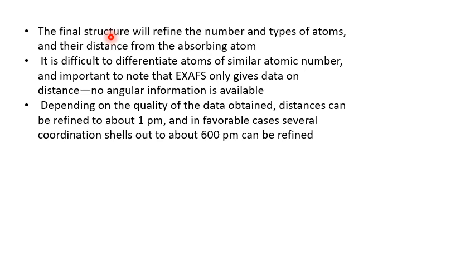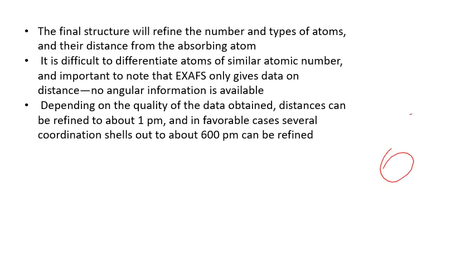On whichever trial model it is fitted, it means the structure of the substance matches that trial model. So when this final structure is obtained, it will define the number and types of atoms and their distance from the absorbing atom.